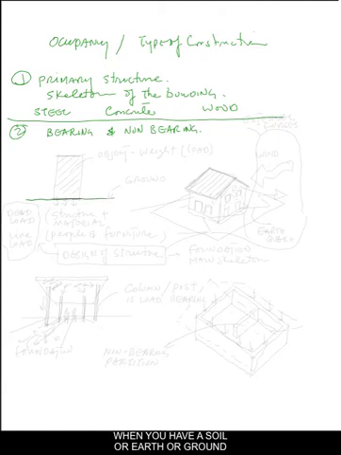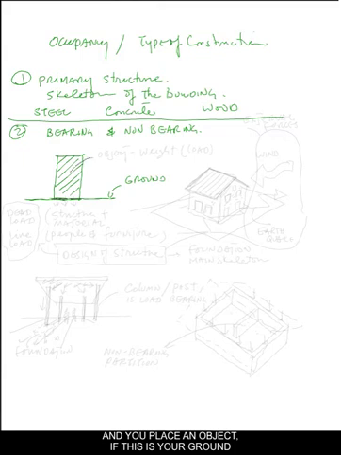When you have soil or earth or ground and you place an object, if this is your ground and this is your object, this object has load because of its weight.